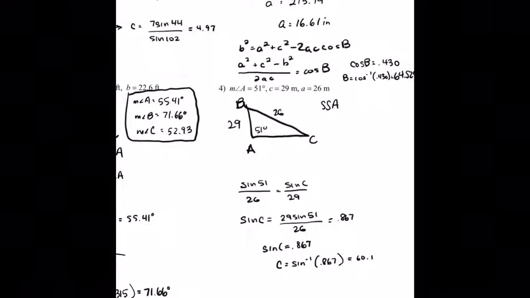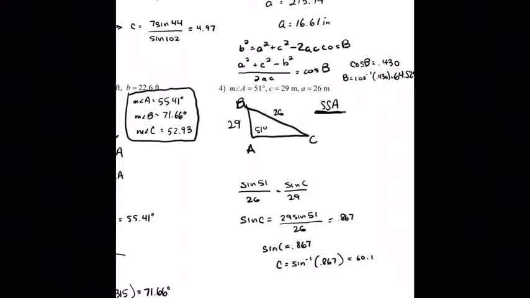But if you recall, to start this problem, this particular instance of a triangle, side-side-angle, is called the ambiguous case. You need to recall from Chapter 3 when we were solving trigonometric equations using inverse trigonometry, we had more than one answer.